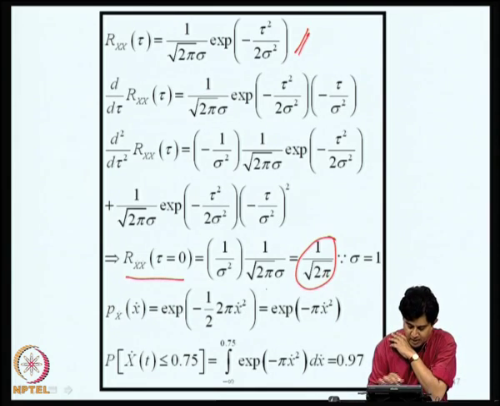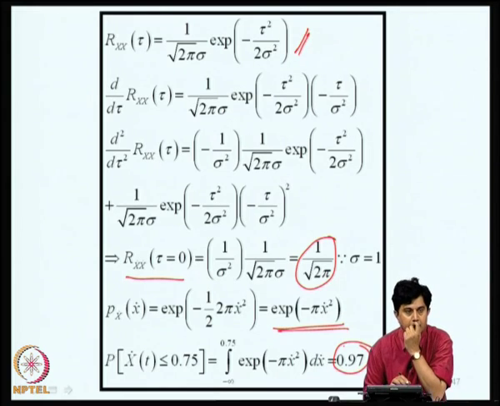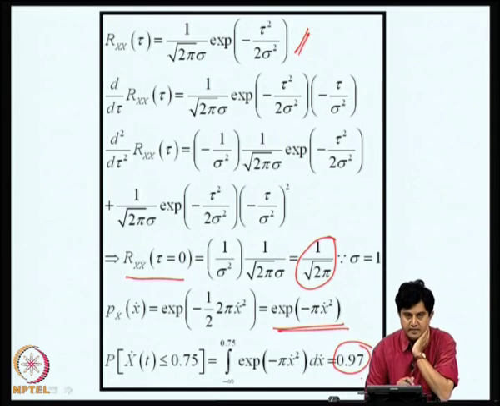We can now write Px dot of x dot as given by this, and from this we are asked to find the probability of x dot of t being less than or equal to 0.75, which is an integral from minus infinity to 0.75 of this quantity. So, the answer that we are looking for is this number, 0.97.